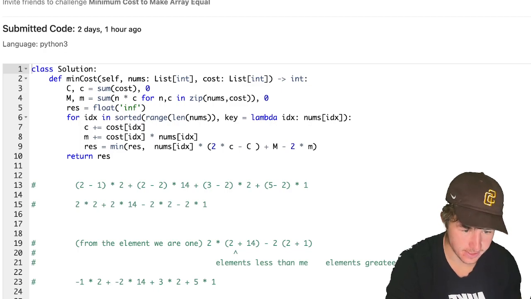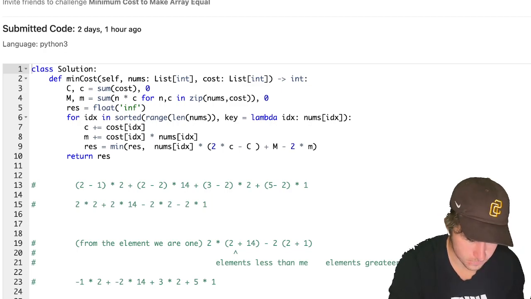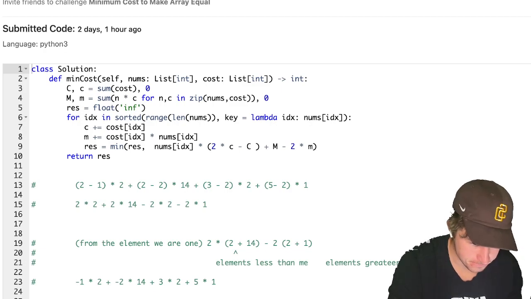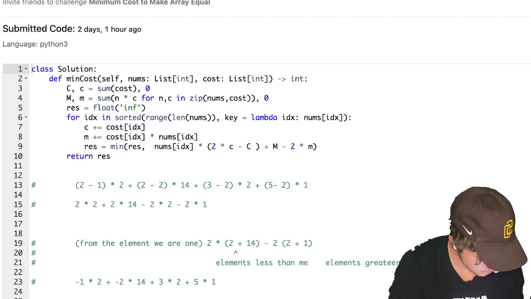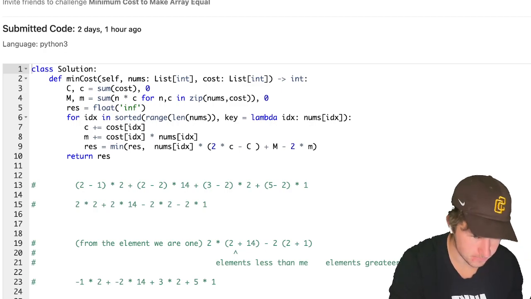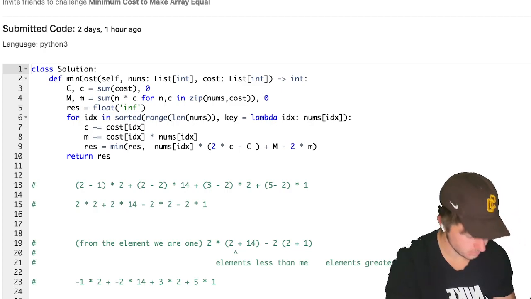So this would be x times 2 minus NC prime minus 2 times C prime minus C plus, I call that M, this will be NC minus 2 times NC prime.